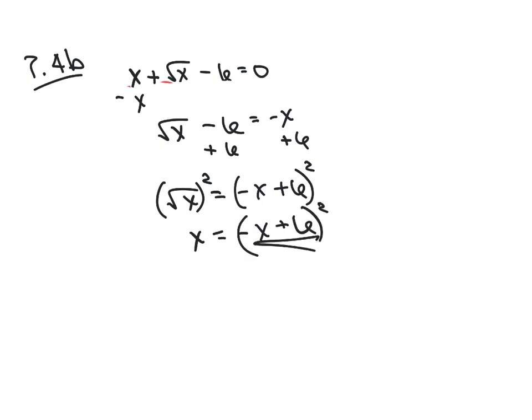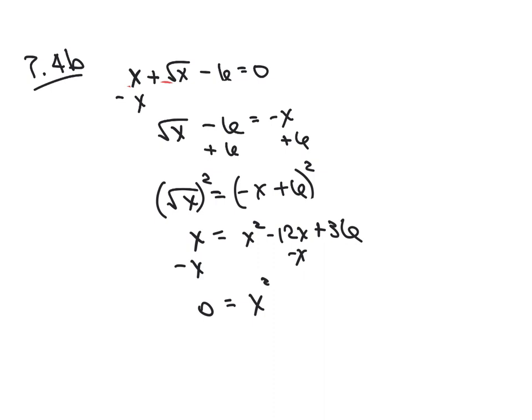I'm going to go ahead and do the FOIL method and square it and get x squared minus 12x plus 36. Let's subtract x from both sides, and I get 0 equals, because that's what we want to do, we always want to try to set it equal to 0 in order for us to factor.